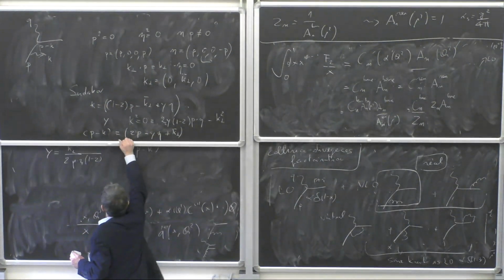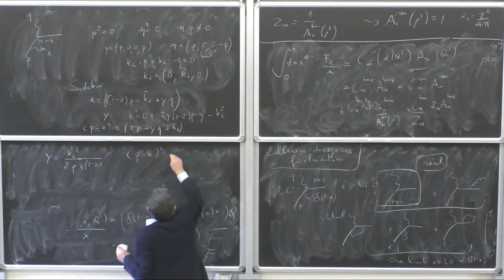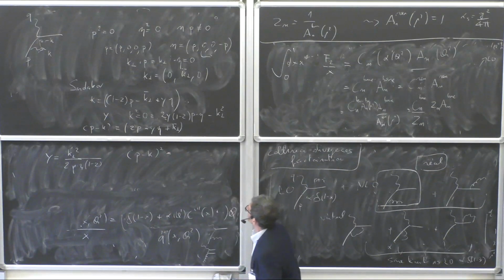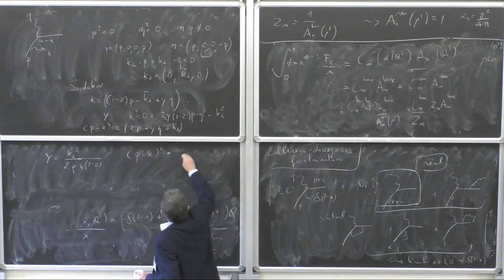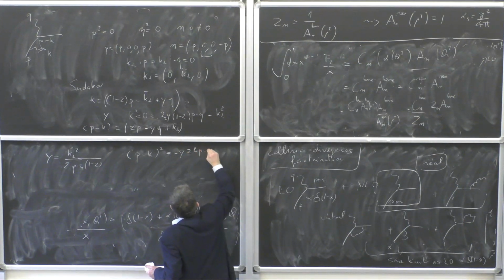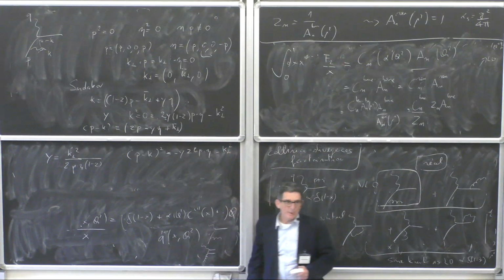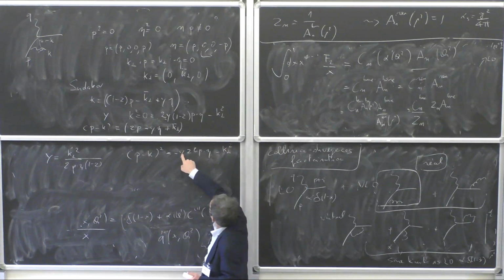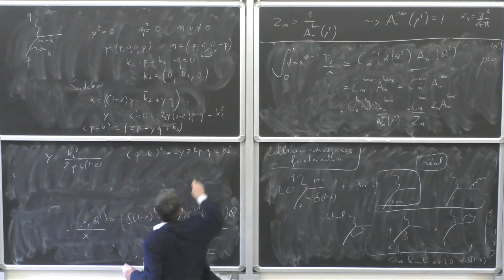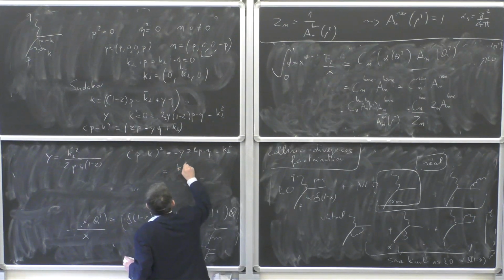And therefore, (P minus K) square is equal to minus y z 2 P dot eta minus k perp square. And if I substitute this y, which I found here, I immediately get that this is k perp square times 1 minus z.